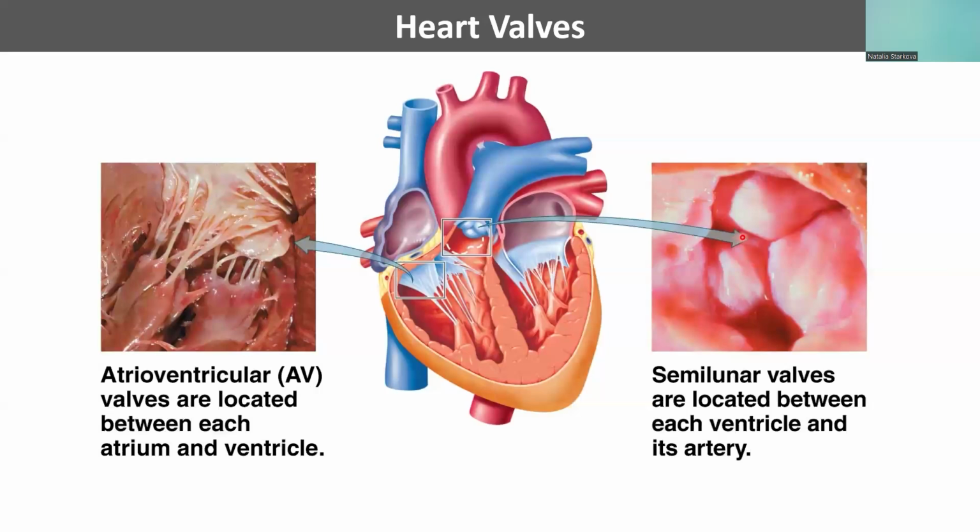So here we have the picture. When these structures are filled with blood, they're very close to each other, and they block the blood flow back to the ventricles. And this is one of the AV valves, and these are the chordae tendineae, the heartstrings, and this is the valve, and it closes when the ventricle contracts.